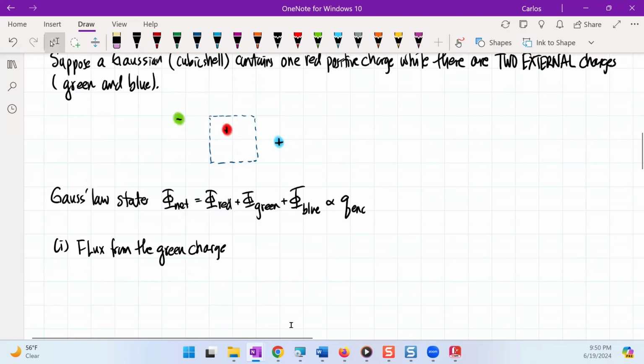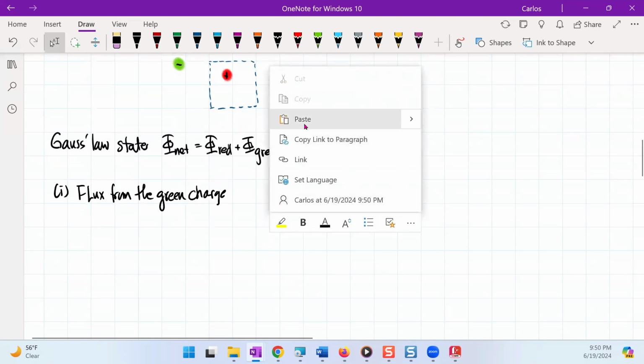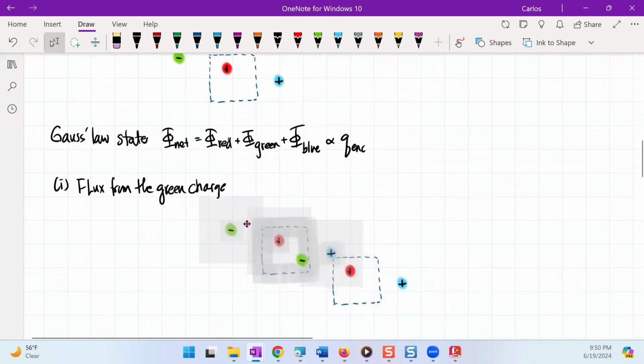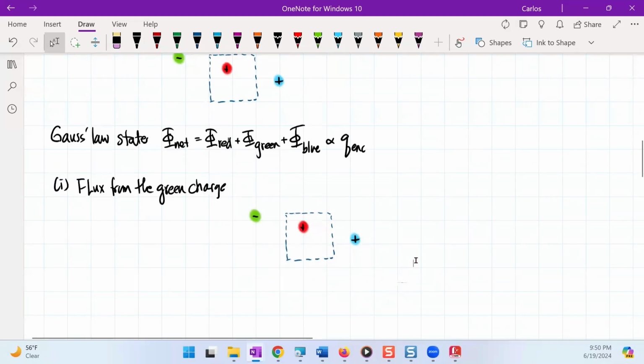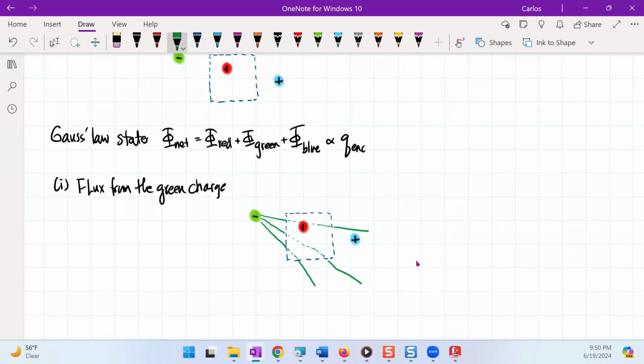And what we're seeing here is that if I paste this back in, like right here, I'm going to look at the field line. So now, if I look at this field line, let's say it goes like this, and then you could see here, it then comes out here, and I can do this again. And I'm only looking at the flux here at the surface of the Gaussian.